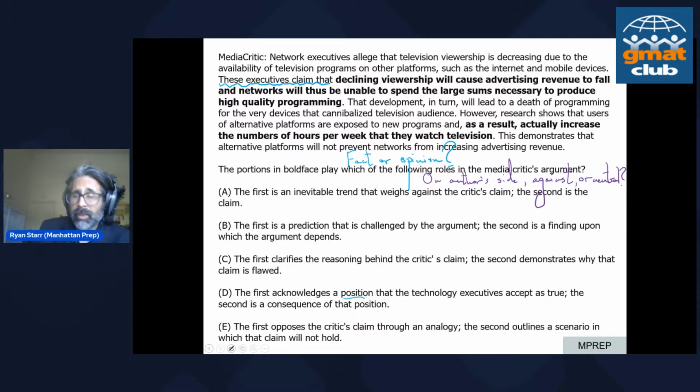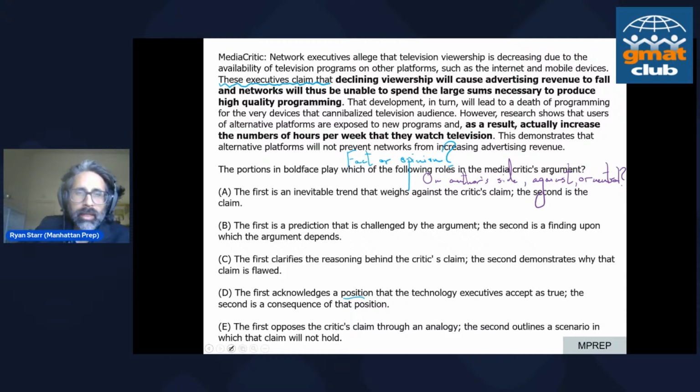Basically, to do a boldface question well, you always have to start by identifying the author's main conclusion. Not necessary to do that to know whether a boldface portion is fact or opinion, but it is necessary to do that to know whether a boldface portion goes against the author's conclusion or is on the side of the author's conclusion or doesn't really touch the author's conclusion. So this purple analysis, you need to know the author's conclusion for.